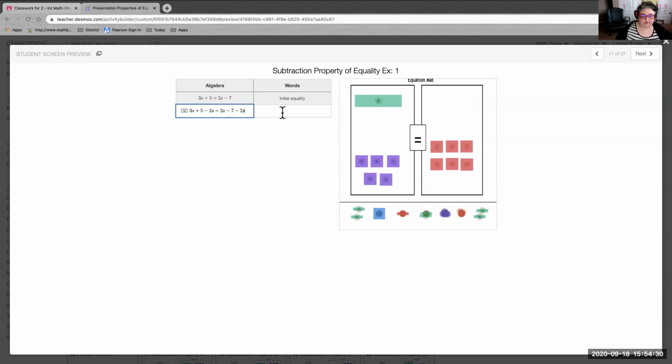And so we write down in words, subtracted 2x from both sides. Okay, and we're going to move on to the next.